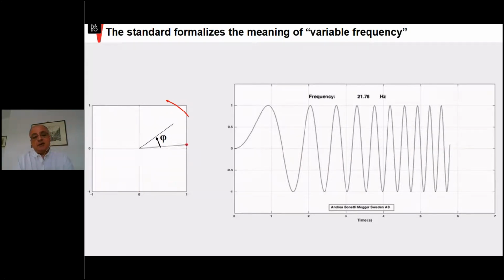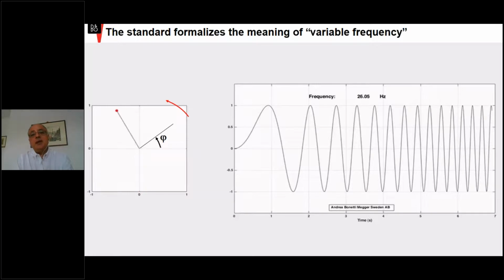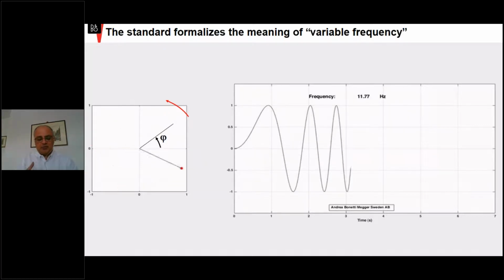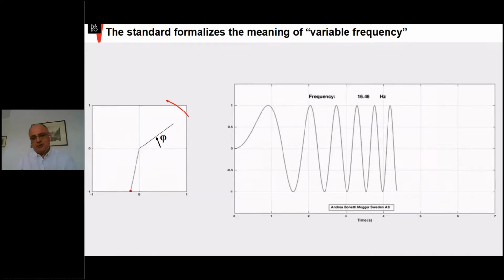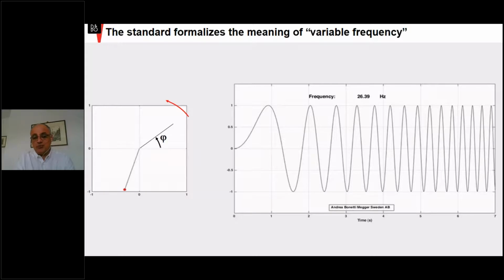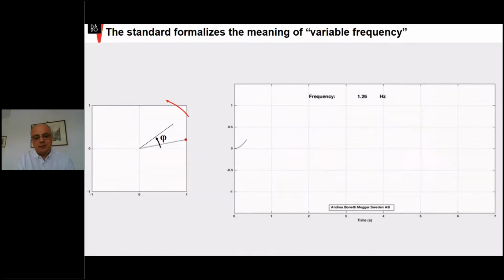One of the things that has been standardized is the meaning of variable frequency. How can the frequency change, given that the frequency changes because we have rotors that are accelerating or decelerating, and this is a standardized waveform that we have to apply to frequency relays and to rate of change of frequency relays. Forget about the details, it has been standardized.